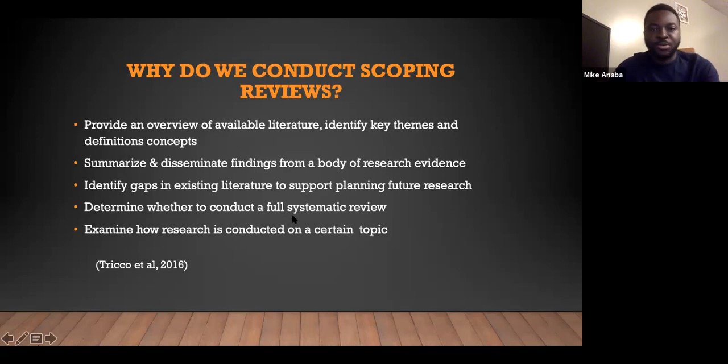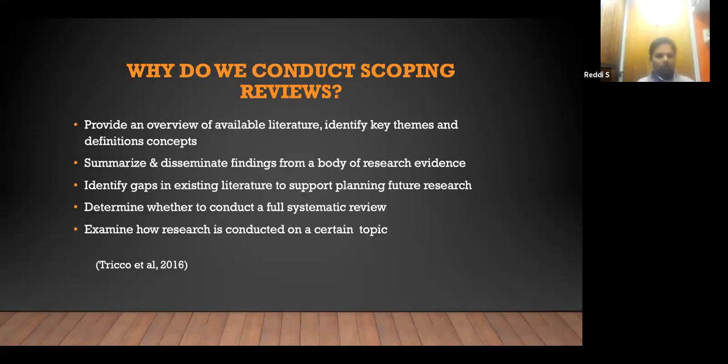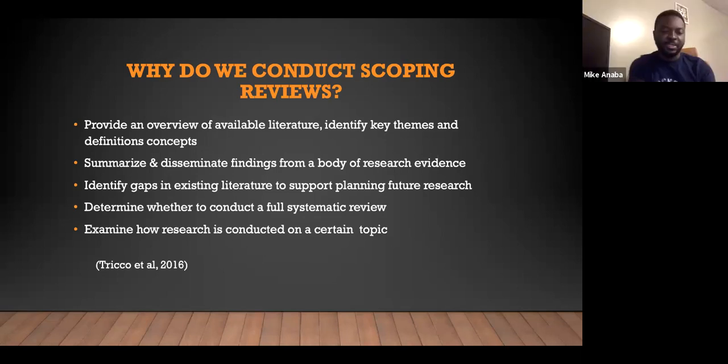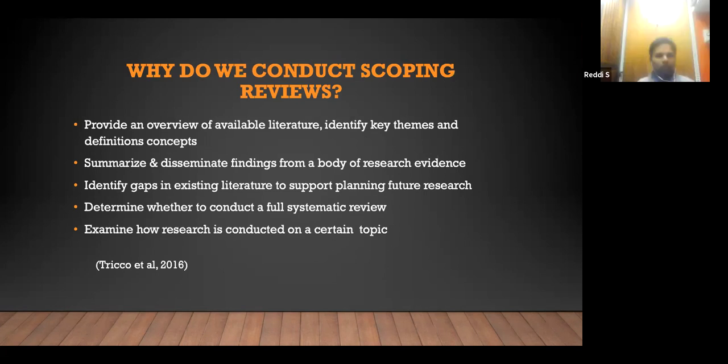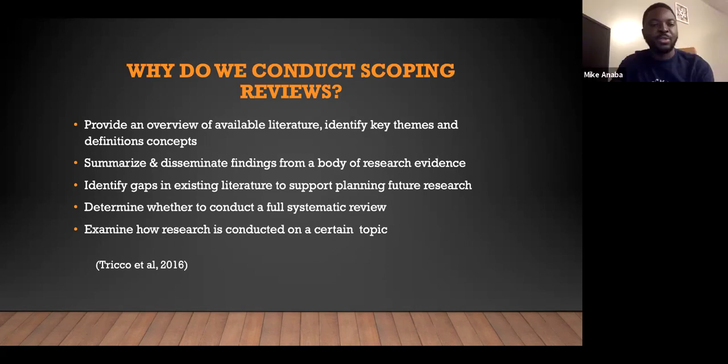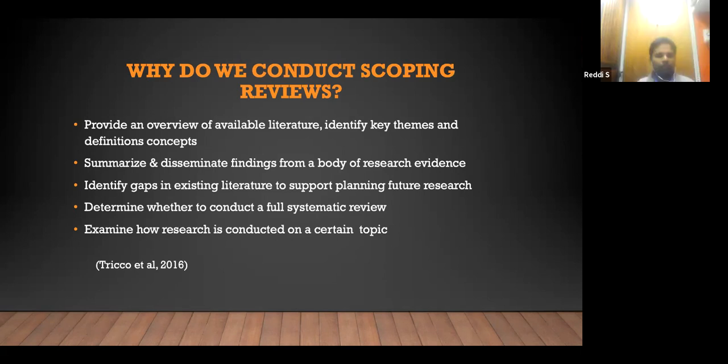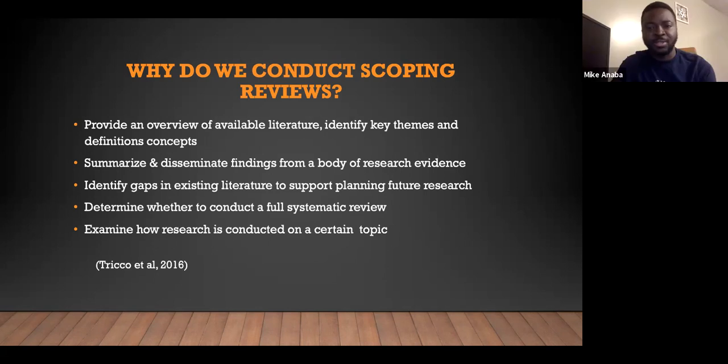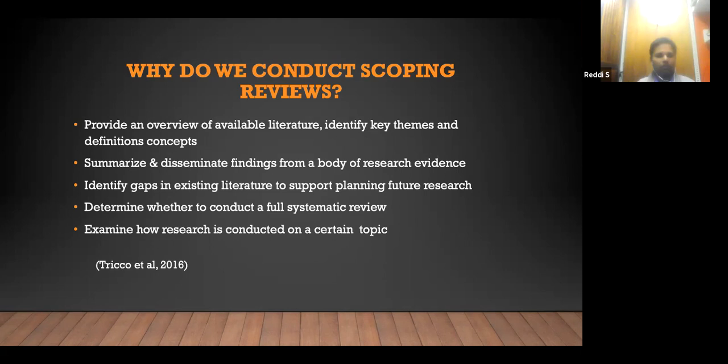So why do we conduct scoping reviews? A study by Tricco and his colleagues identified several reasons, and I just took a few of them here. First of all, it helps us to provide an overview of what is available in the literature and identify key themes or definitions in a particular concept that we are looking at.